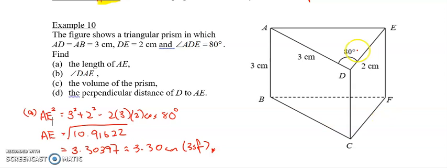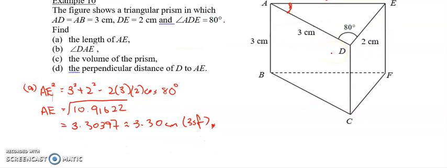Okay, so next, angle DAE. We are supposed to find this angle here, DAE. Now we can actually use the sine rule since we have gotten the length of AE in part A. So for part B, we can use sine rule.